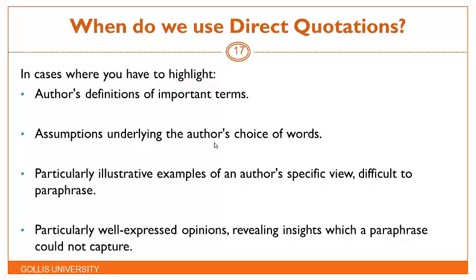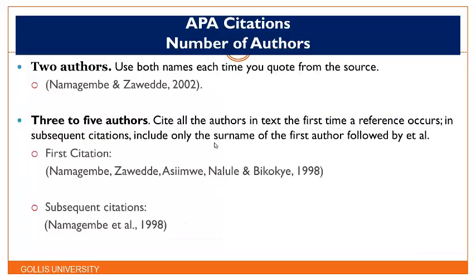Maybe you cannot use your own words, English is a problem. Then you can copy the text from the other source, put it in your work, and make sure that if it is less than 40 words, use a quotation mark. But if it is more than 40 words, just indent it and copy it there and make sure you cite it, according to APA citation.